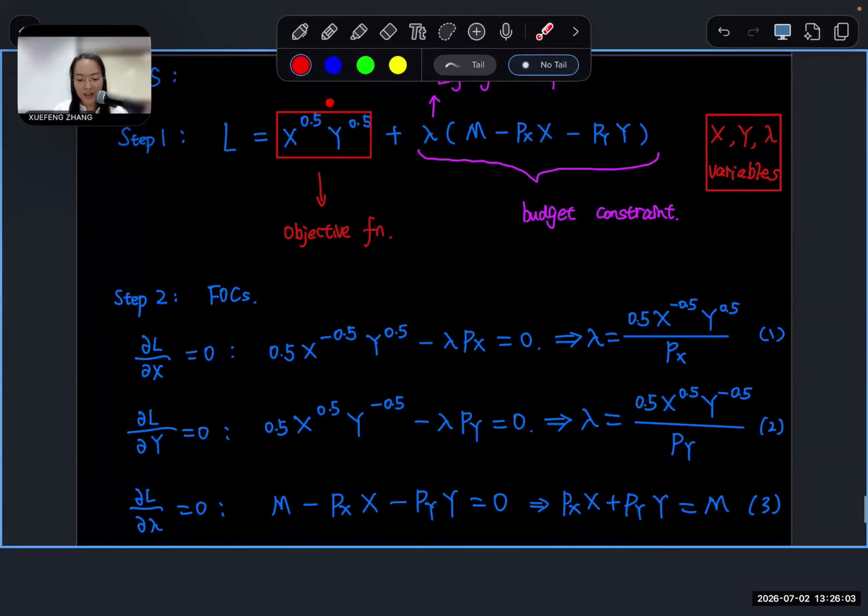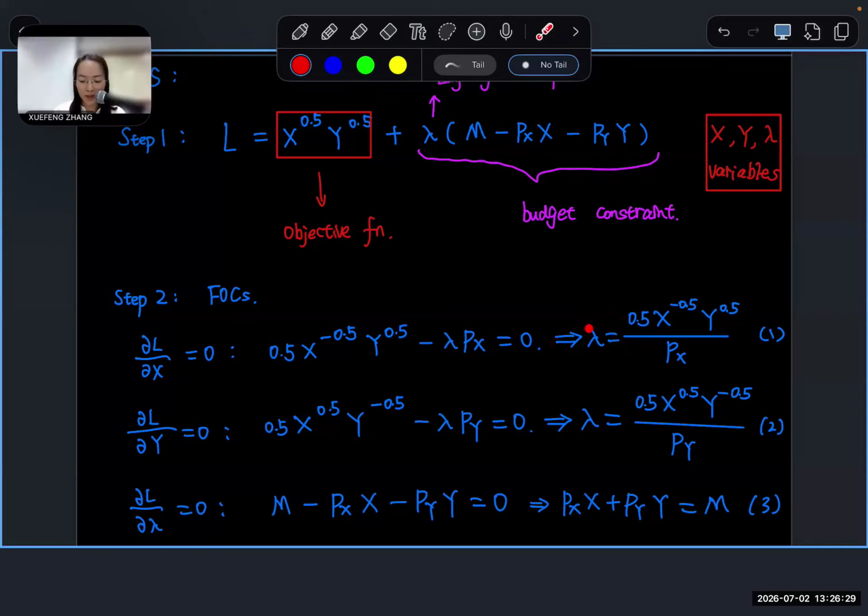So here we have half times x power negative half times y power half, and then minus lambda times px, okay? Because here, negative px and times lambda are the parameters of x, because here we are taking the FOC of x, right? And then we set it equal to 0.